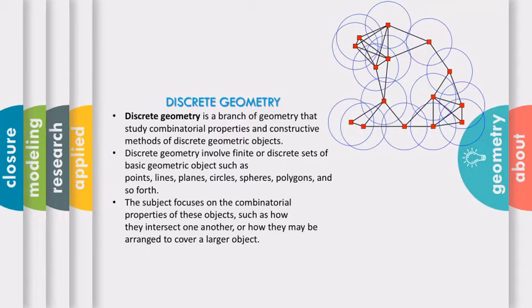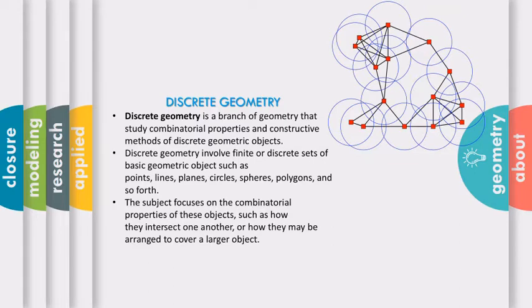The shapes we are learning in this are points, lines, planes, circles, spheres, polygons, and so on and so forth. These are some of the objects that we are studying under the discrete geometry part.